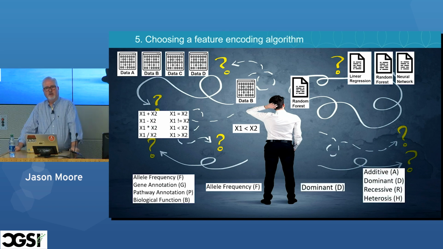And then the data doesn't always come to us coded in the right way. Now, in a standard QTL analysis, the additive encoding, where you code the genotype 0, 1, and 2 based on the number of alleles of a particular type, is what's typically done. But there are other types of genetic effects, dominant and recessive effects, for example, and that requires a different type of genotype encoding.